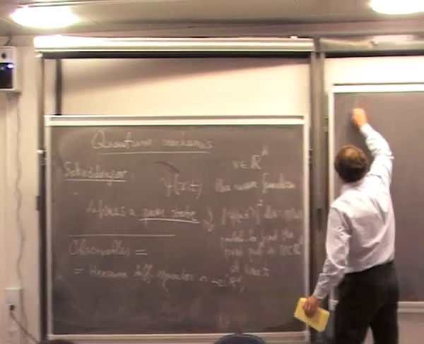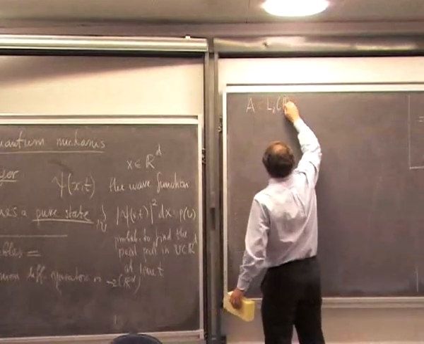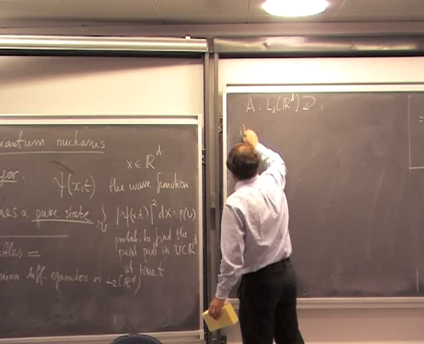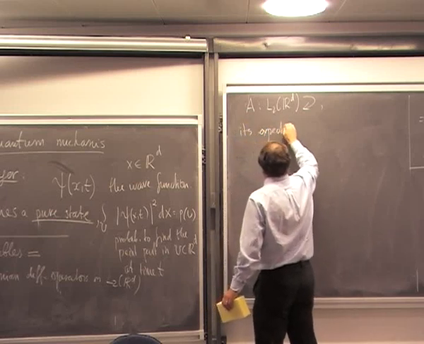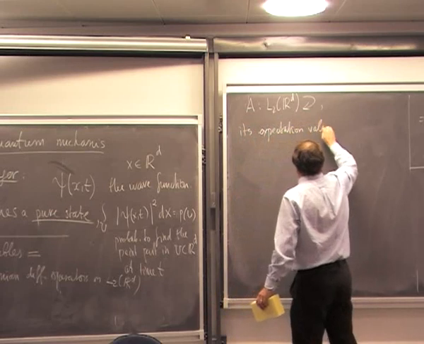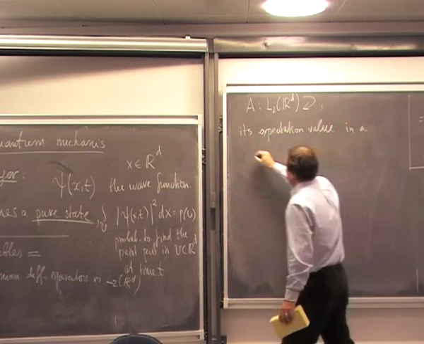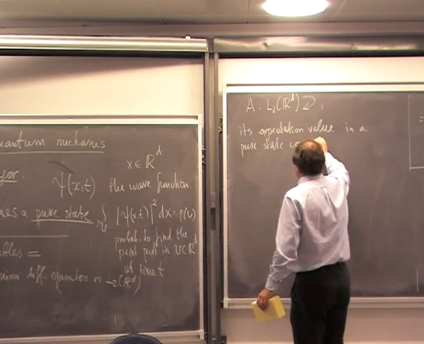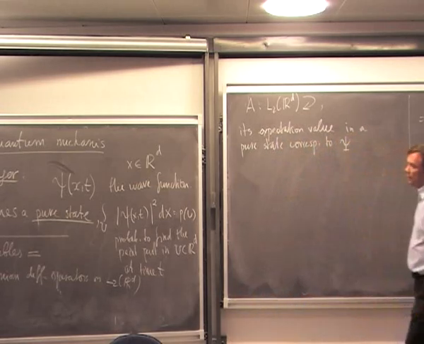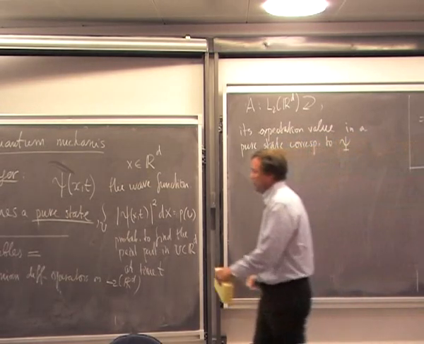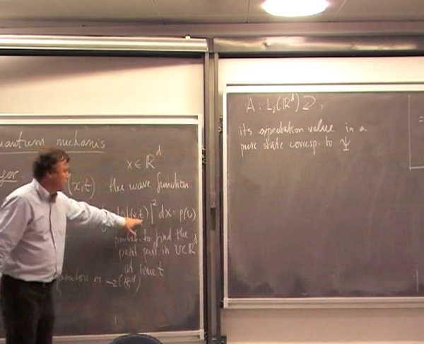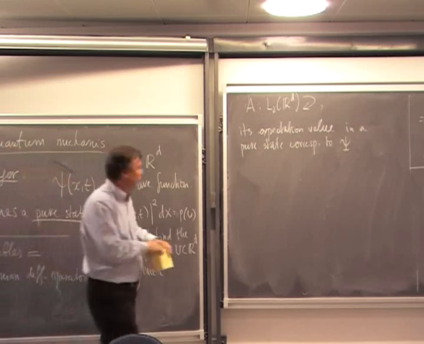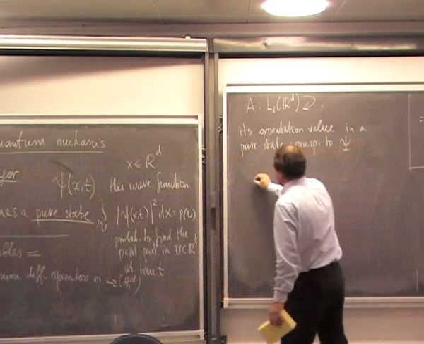And if A is such an operator, its expectation value in a pure state corresponding to psi, and I can suppress time dependence if I'm considering a static situation, if I don't consider the dynamics.